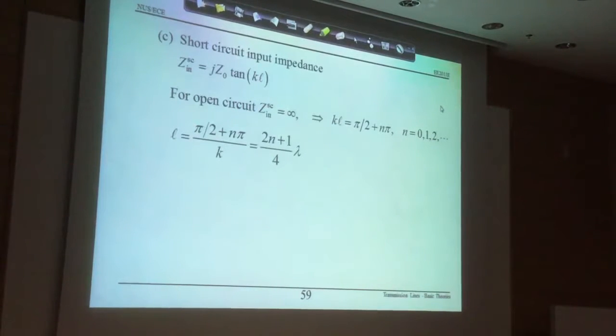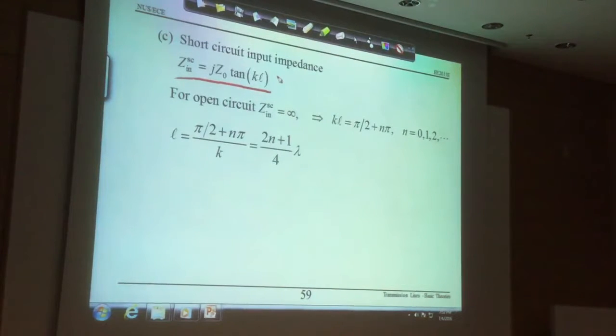Okay, another question is: short circuit, then by what length will it become open circuit, right? Okay, from this equation, this is the short circuit. Then to give you the open circuit means this.